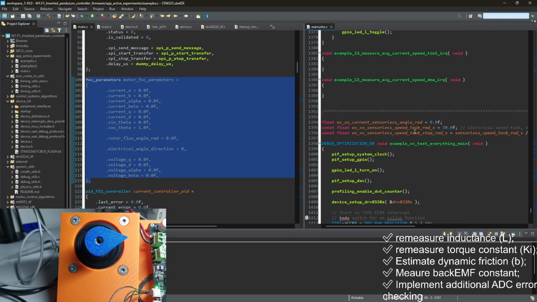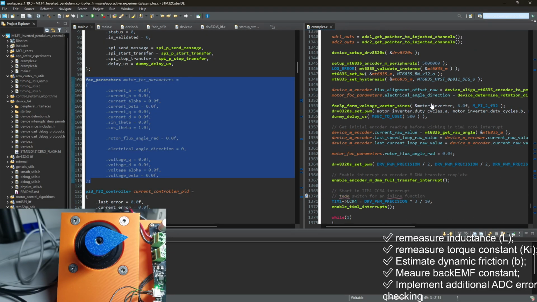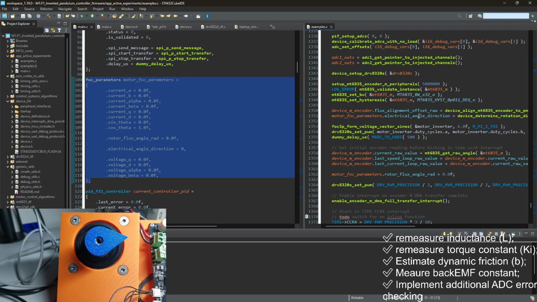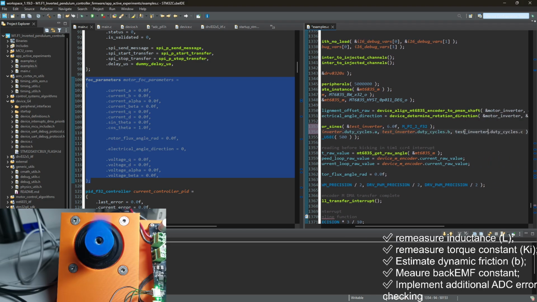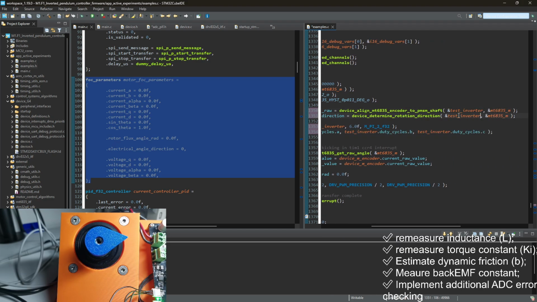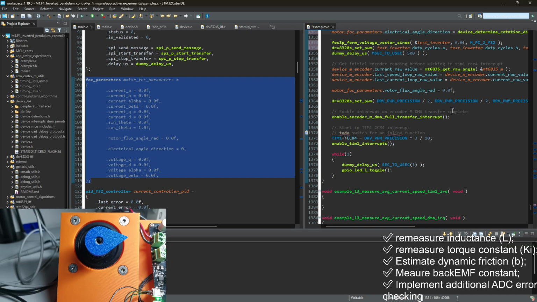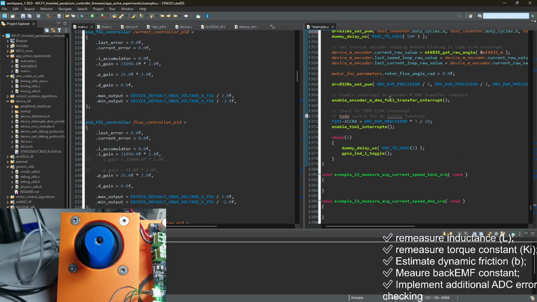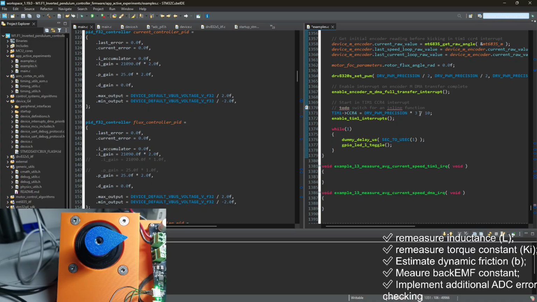Do we lack anything else? Motor inverter, but we do have a test inverter, which should work just fine. Test inverter here, here, and here. Okay, one function is done. Let's do 2 other functions.